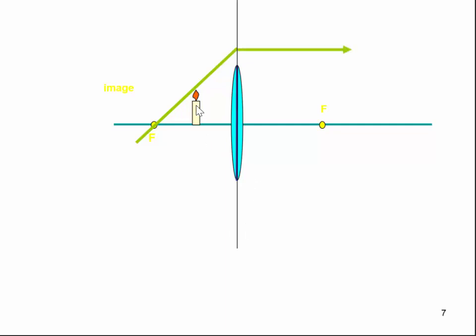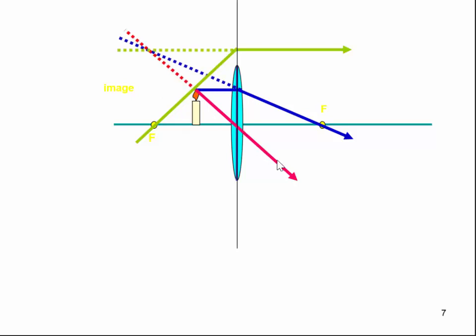So if the ray would have come from the focus, or is coming from an angle that lines up with the focus there, it goes out parallel. Again, if it goes in parallel, it refracts out through the focus, and if it goes through the center of the lens, it comes out unchanged. And you can see where those three different rays, or you could just use two of them, you don't have to use all three, where they appear to come from is where your image is.